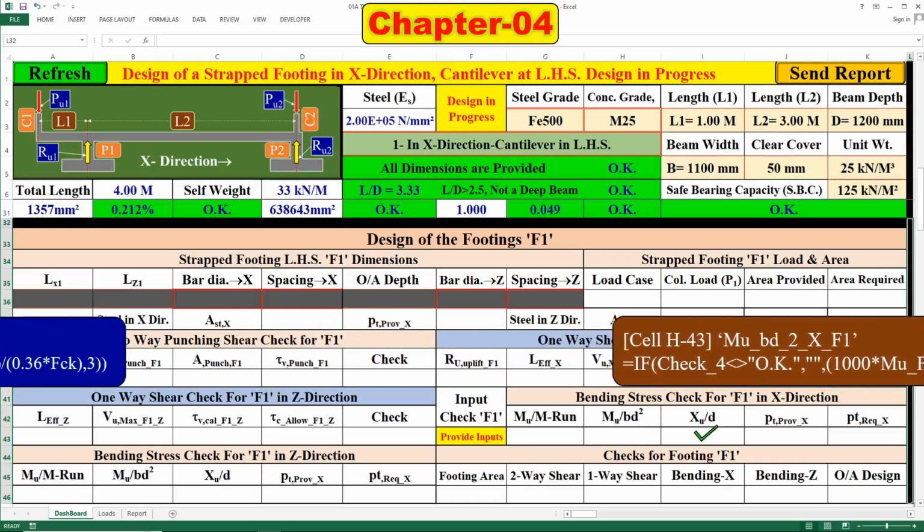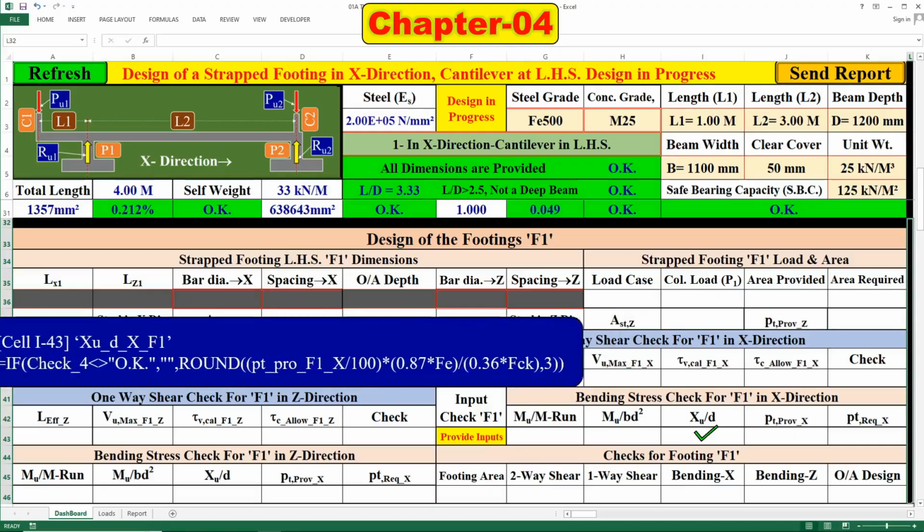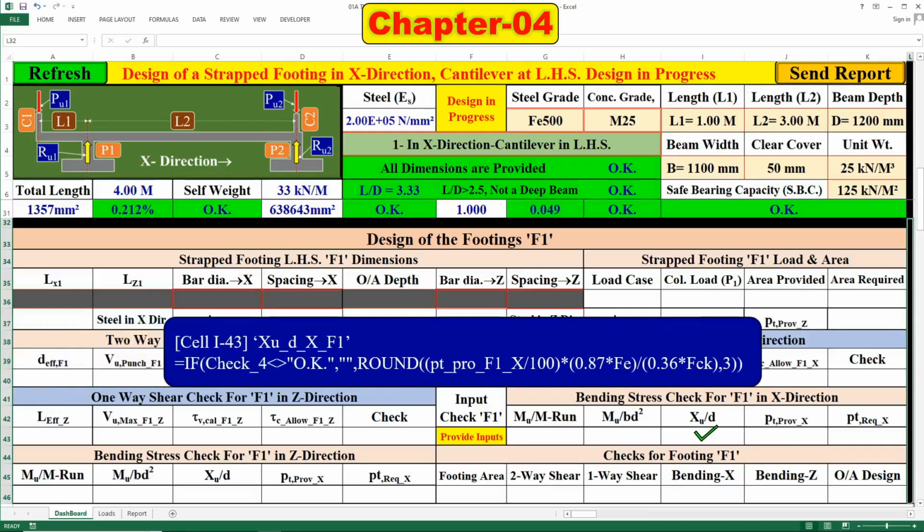Next is the formula for XU by D in cell I43. The defined name of the cell is XU_D_X_F1. It represents the calculated value of the neutral axis depth ratio from the top compression fiber. The Excel formula will first check _4, if it does not find _4 equal to OK, this cell will remain blank.